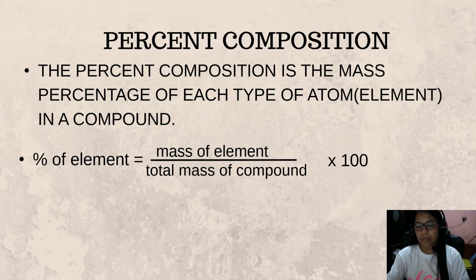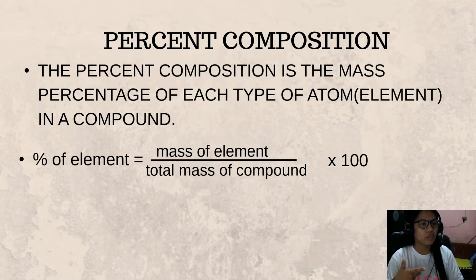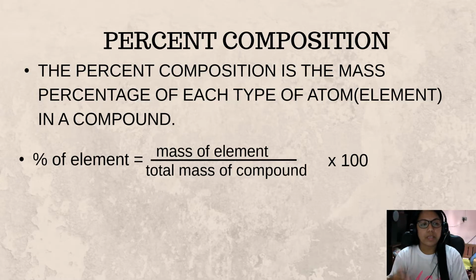So, 'di ba pag sinabi in chemistry, ang element is a pure substance consisting only of atoms that all have the same number of protons in their atomic nuclei. So, yung mga chemical elements cannot be broken into simpler substances by chemical means. So, yun po, kukunin natin ang percentage composition ng bawat element sa isang compound.